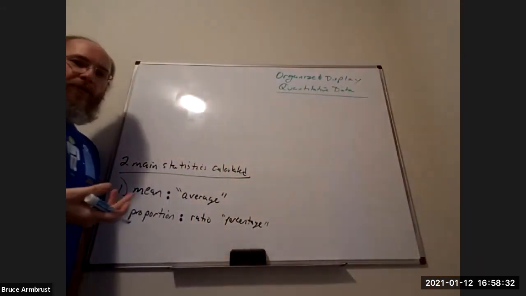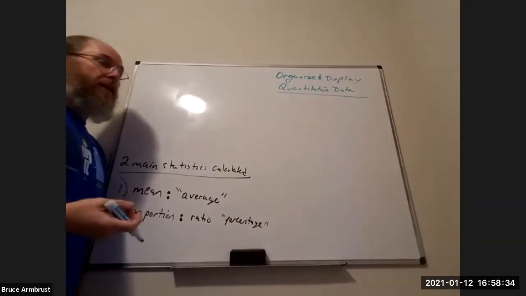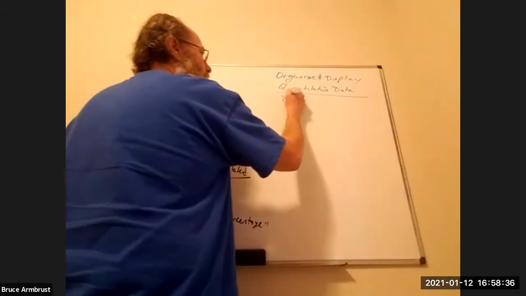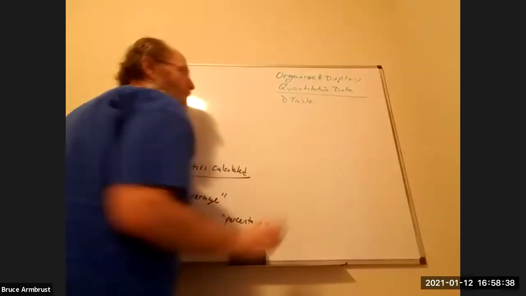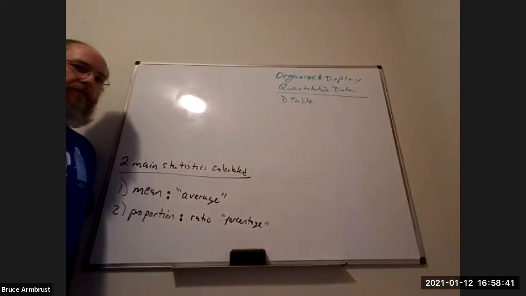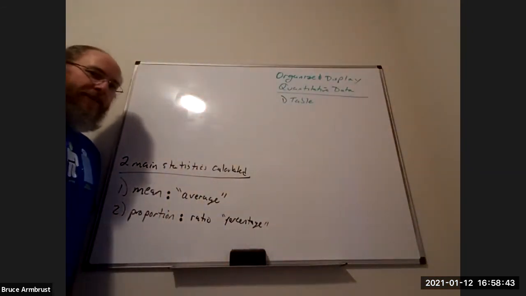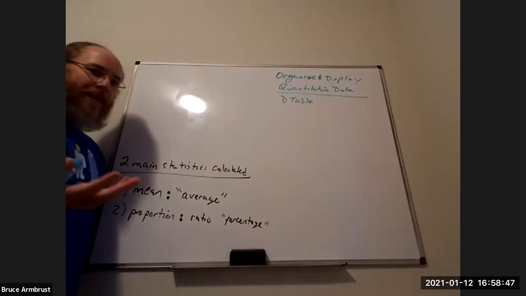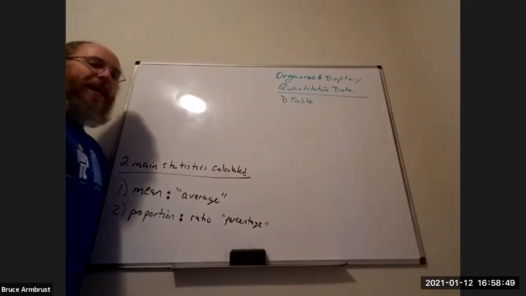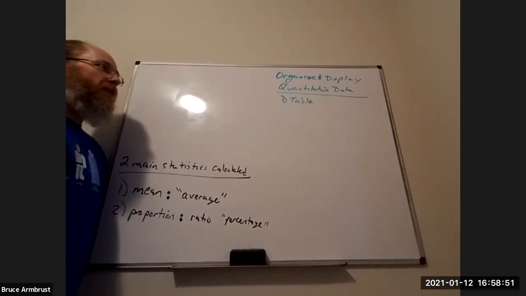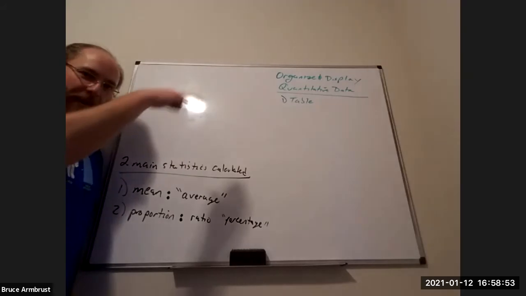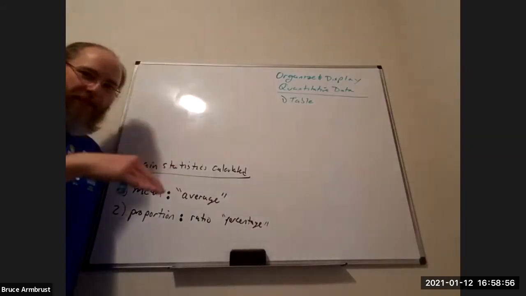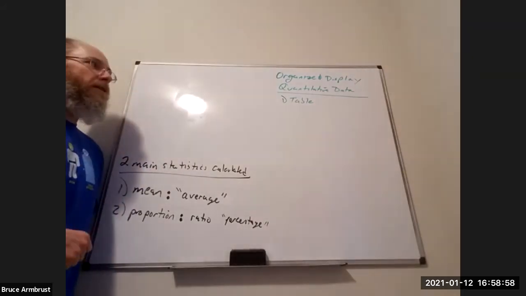One thing we can use is a table, kind of like we did before with the qualitative. You can fill out a table. You can actually have a list of all the responses, like the age of students starting out. We can make a table that says age, frequency, number of responses, and so on.